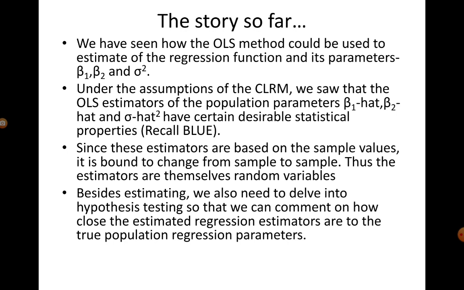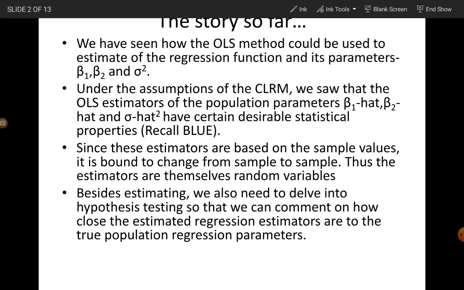Only then can we comment on how close the estimated regression estimators are to the actual population regression parameters. That is, how close is beta 1 hat to the original beta 1, how close is beta 2 hat to the original beta 2, and how close is sigma hat squared to the original sigma square of the population regression function.